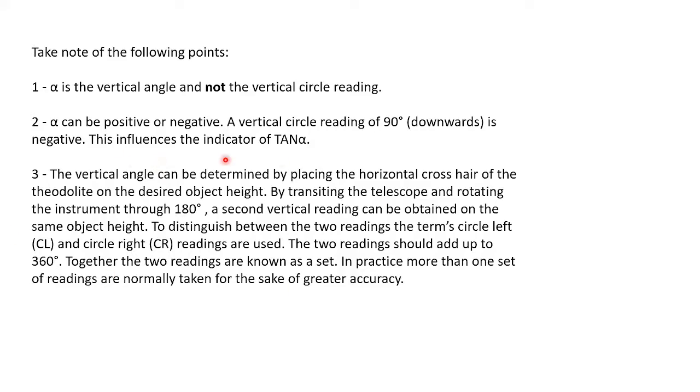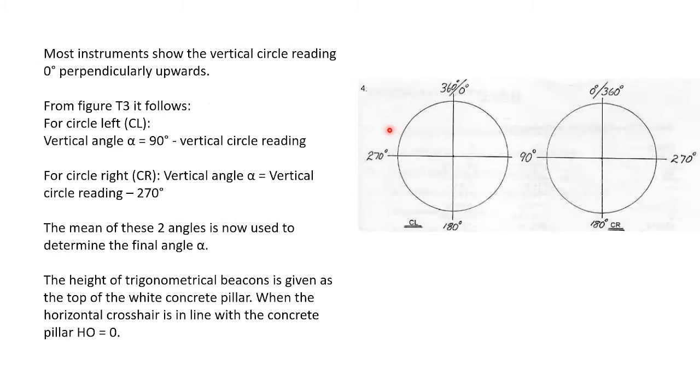Alright, so this is what you learned in practical. For those who have done practical surveying, you'll see the circle left and circle right is what we use to determine our two alpha values. Now why we have two alpha values is if this is where you're looking through the scope and you're looking forward, then 90 degrees is your horizontal plane.